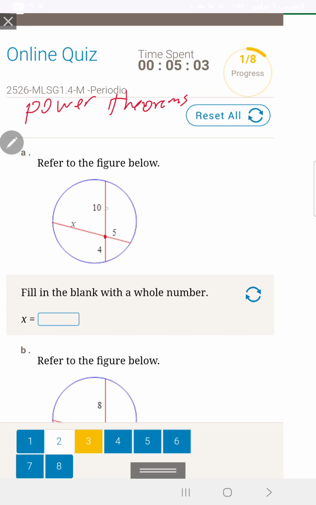So the product of the segments of the first chord is equal to the product of the segments of the second chord, which means 5 times x is equal to 4 times 10. 5x is equal to 40, so x equal 8. That's for question part A.